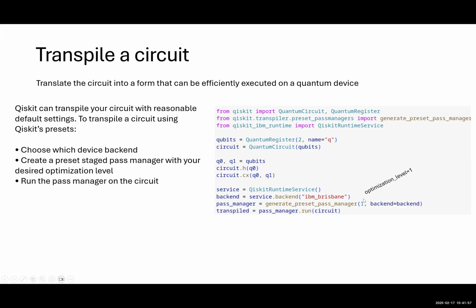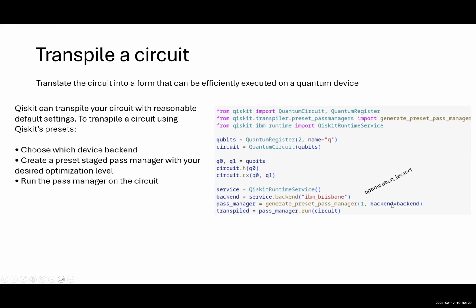This is the optimization level, which we'll talk about next. Then you specify which machine, the backend, and you transpile the circuit. You say pass_manager.run(circuit). Run executes this pass manager, and you get a transpiled circuit. This circuit can be abstract, and the transpiled one will be transpiled according to the basis gate set of this backend.